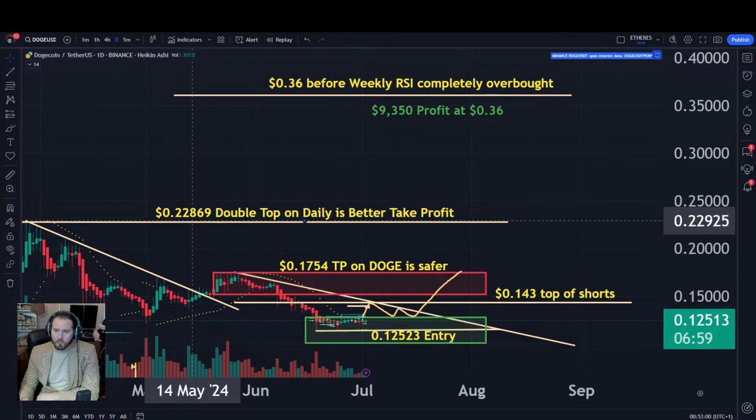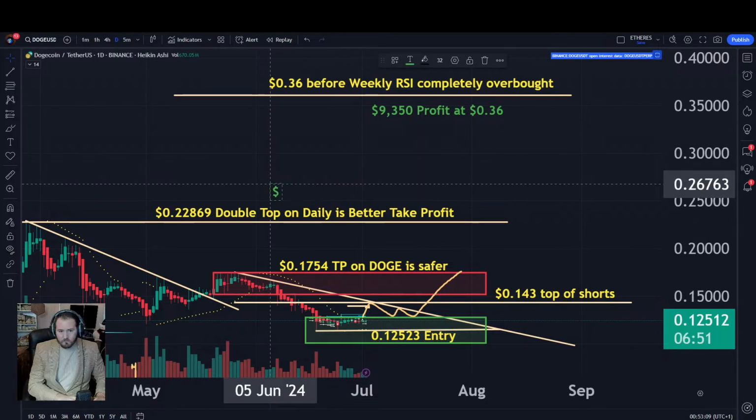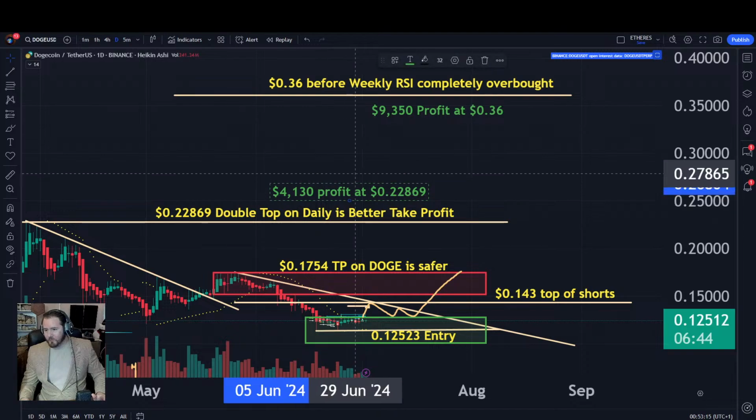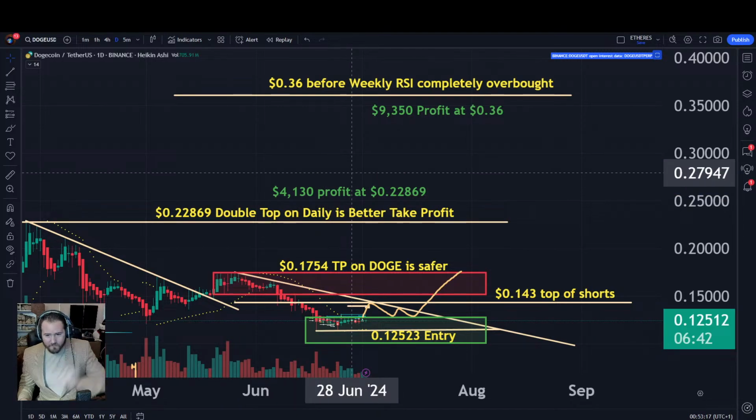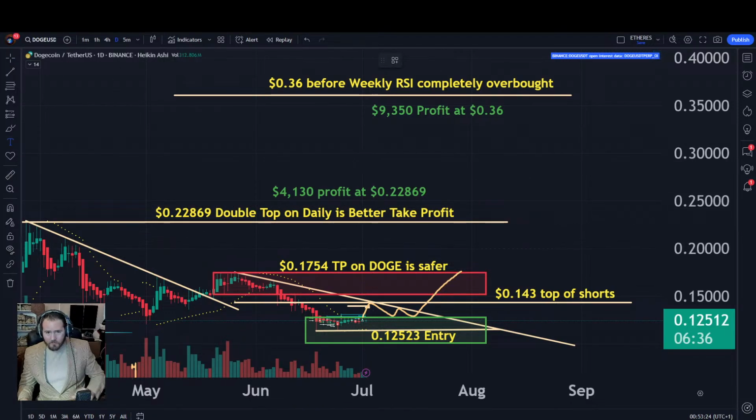So at 22.869, Doge would go up 82%. So 82.6 times 50 would be $4,130. And I'm just putting this to see how greedy I want to be for this trade, because I have no feelings for this $500. I'm trading with money I don't care about.